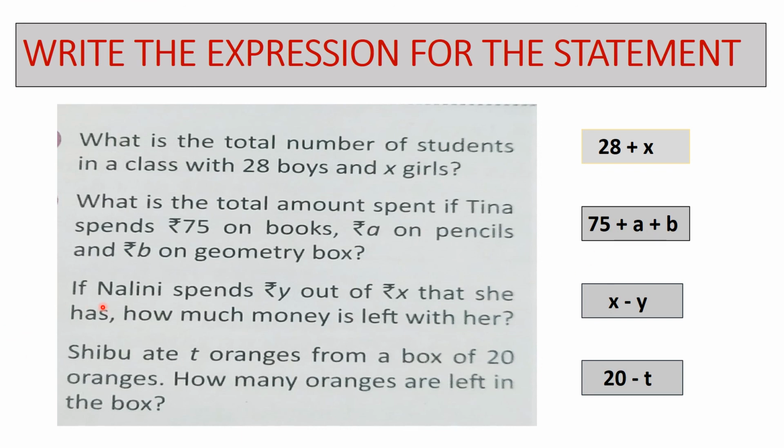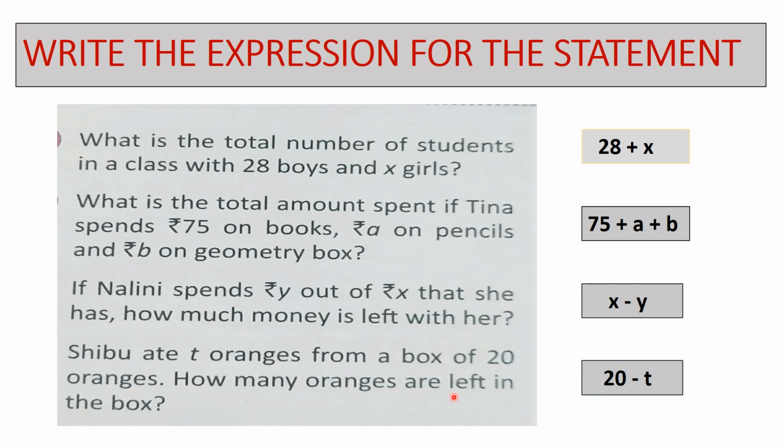Now, if Nalini spends rupees y out of rupees x that she has, how much money is left with her? So how will you represent this? Total amount she has is x and she spends y. So it will be rupees x minus y. Shibu ate t oranges from a box of 20 oranges.